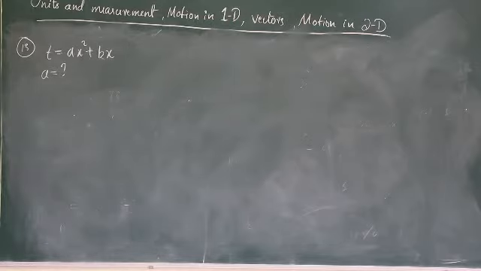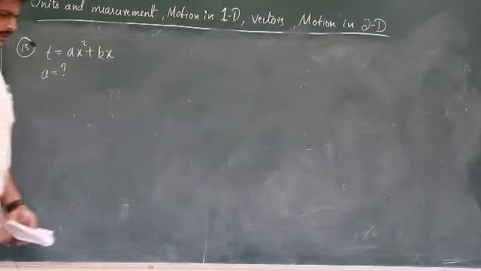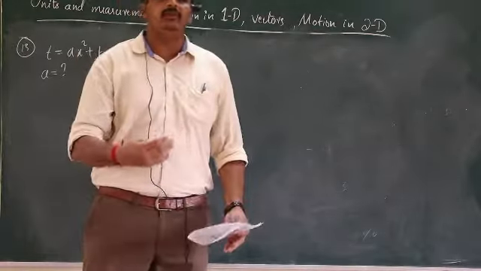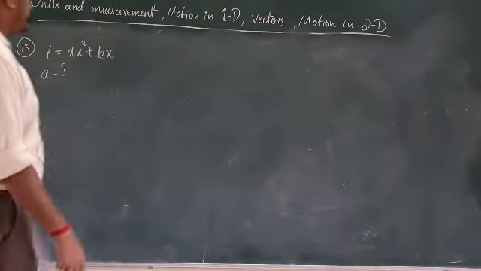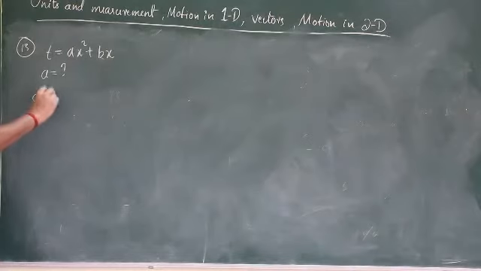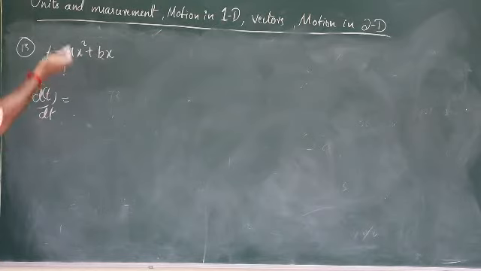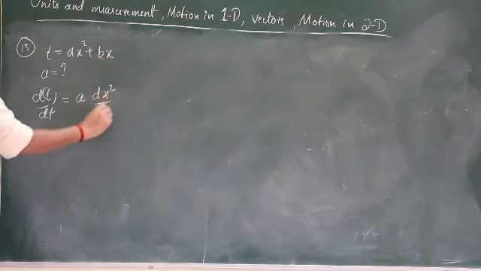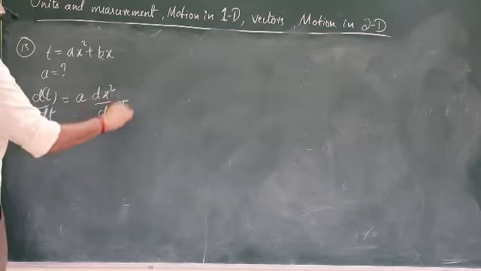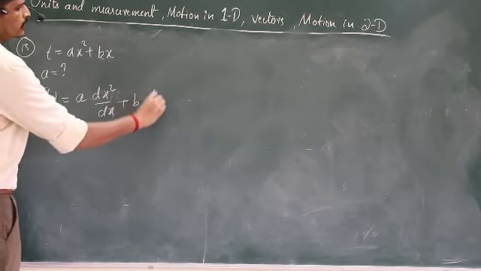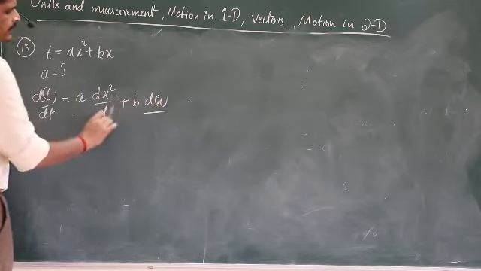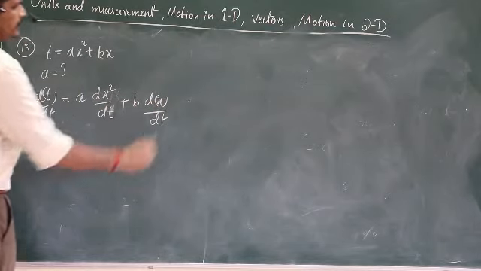In order to find the acceleration, right now the given data is in terms of time, so I'll try differentiating it. dt by dt will be equal to what now? a is a constant, so d of x square by dx, correct, plus b into dx by dt.